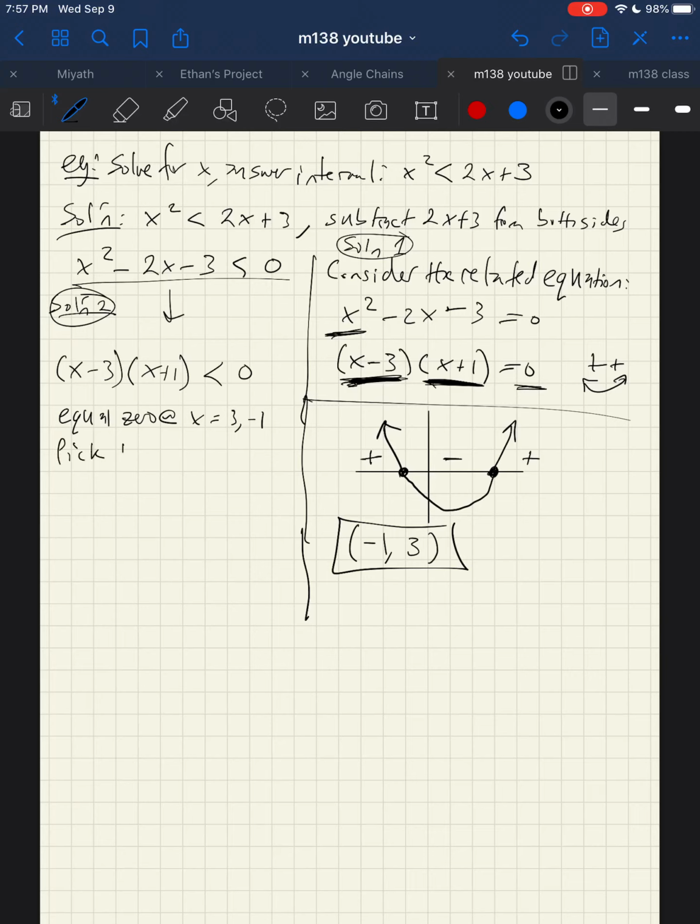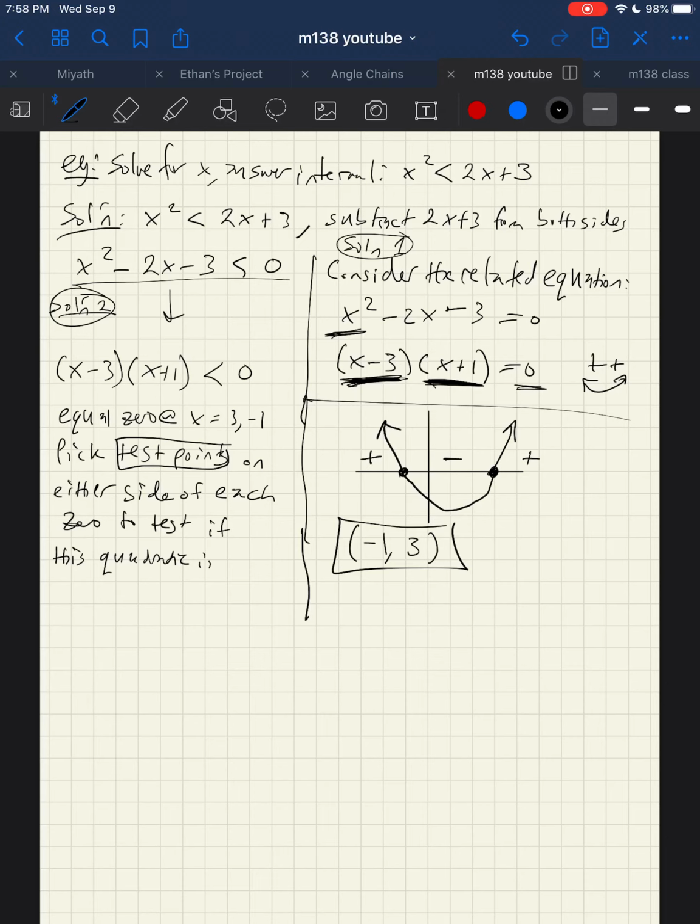So I'm going to pick test points on either side of each 0 to test if this polynomial, well, I can say quadratic, is positive or negative. The test points are just going to be numbers around, but not equal to, 3 and -1.